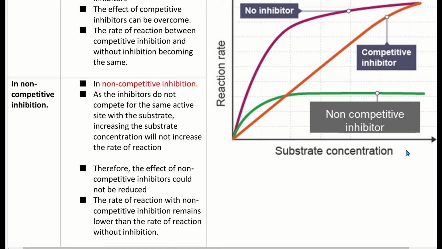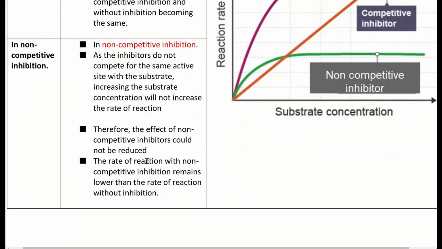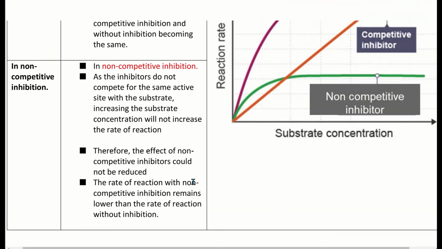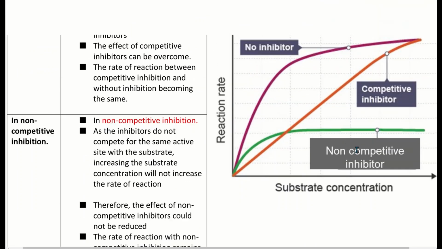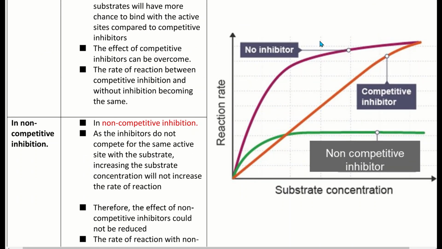So you increasekan substrate pun, you tak akan tambah rate of reaction dia. Okay, therefore the effect of non-competitive inhibitor could not be reduced. Tidak, kita tak boleh kurangkan effect non-competitive inhibitor ni. Okay, so the rate of reaction with non-competitive inhibition remains lower than the rate of reaction without inhibition.